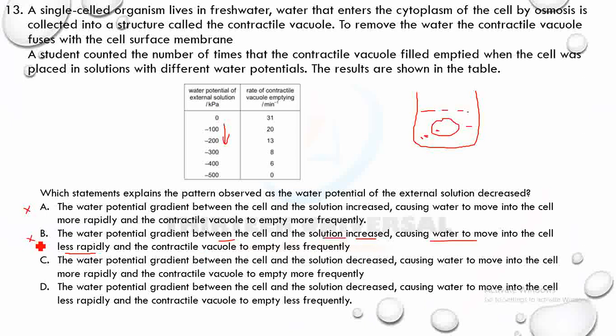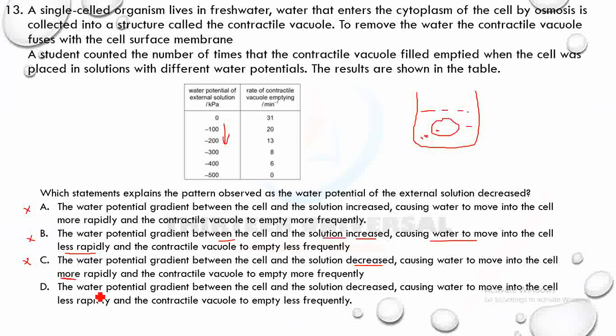C says the water potential gradient between the cell and the solution decreased, causing water to move into the cell more rapidly. If it decreases, the rate of movement will be less, not more. So this is wrong too.